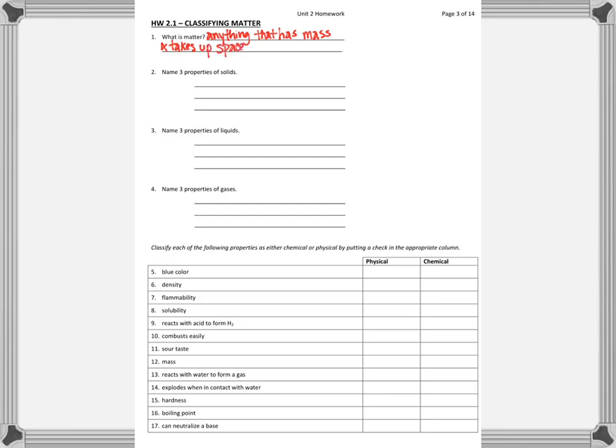So basically everything that's found within our universe is considered matter, with the exception of energy, okay? Because energy does not have mass and it doesn't take up any space.